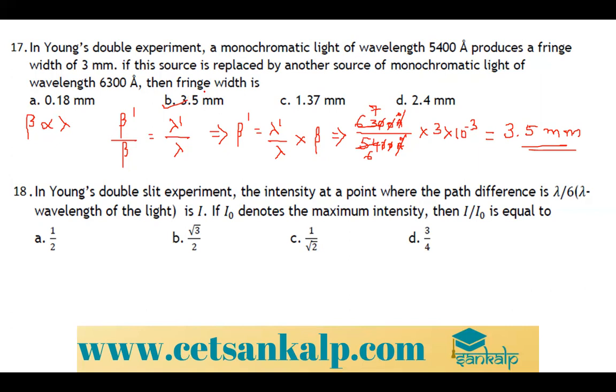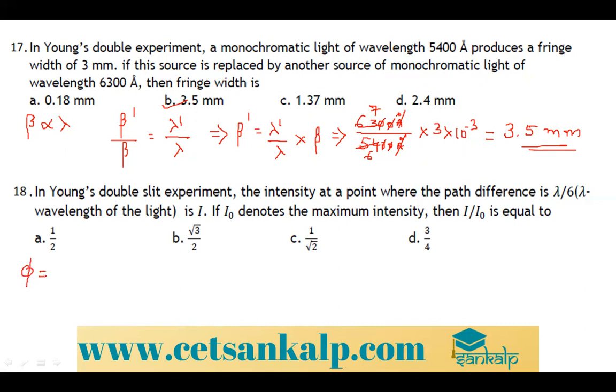In Young's double slit experiment, the intensity at a point where the path difference is lambda by 6 is I. If I naught denotes the maximum intensity, then I divided by I naught is equal to. Okay, first you should find phi. Phi is nothing but phase difference.